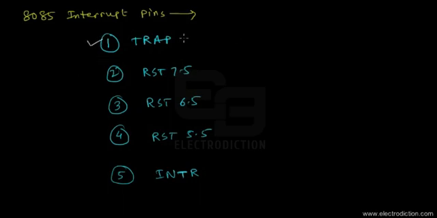This gives us an idea that the TRAP interrupt pin has the highest priority. A priority factor comes in because you can have multiple devices sending interrupt requests to multiple interrupt pins at the same time.